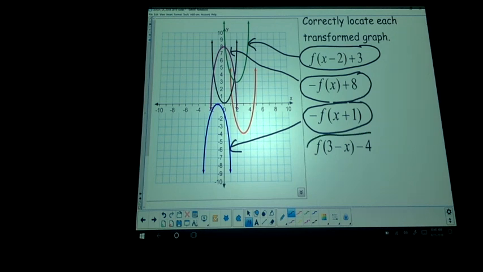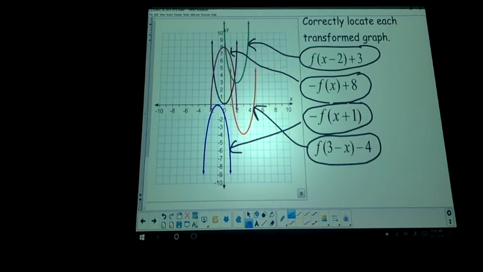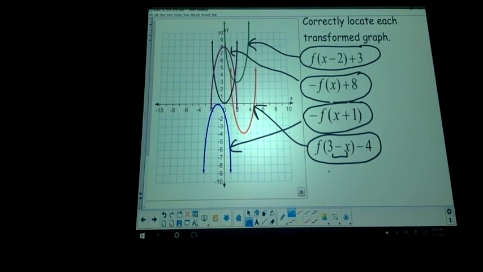Ooh, we tried to trick you on this one. Obviously you can use process of elimination to say this is the red line, but let's see why it's the red line. It shifts down 4. Is everyone okay with that shifting down 4? Yes. So if I set this equal to 0, it shifts right 3, which this one indeed did.